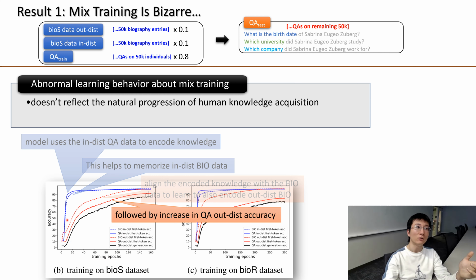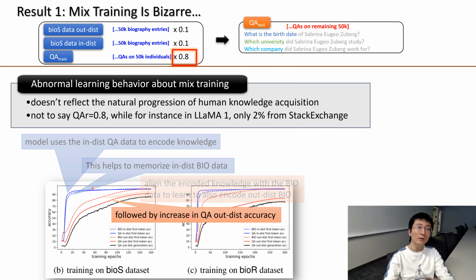It starts to learn knowledge at the very beginning using the QAs, or the exam data, instead of the textbook data. This is like a study-to-pass-the-exam kind of approach at college, in which some students take exams from past years and first learn from there before even opening the textbook. So this is definitely not a natural process of human knowledge acquisition.